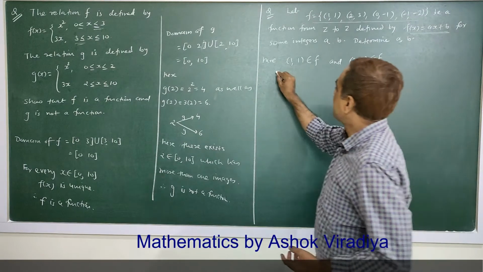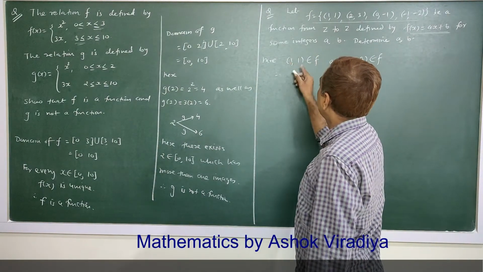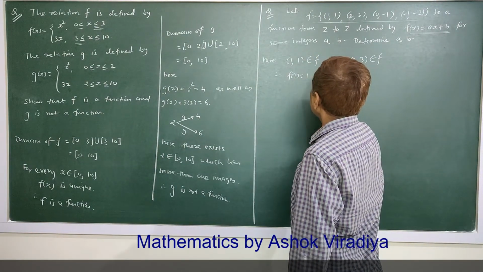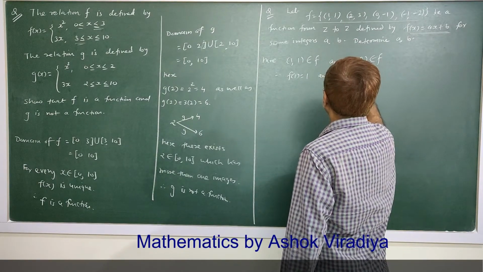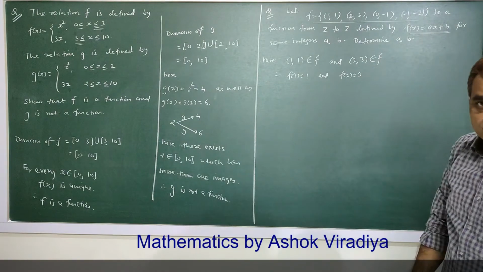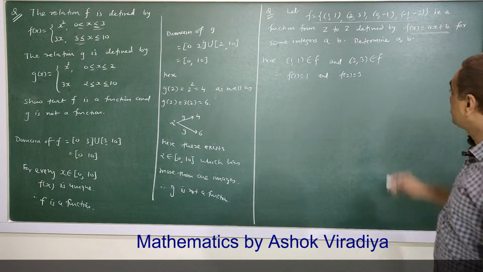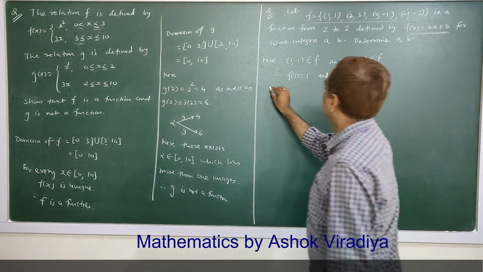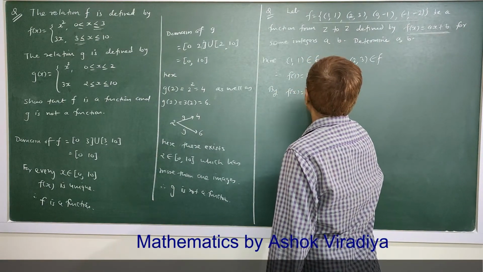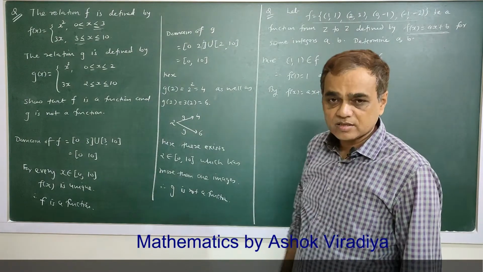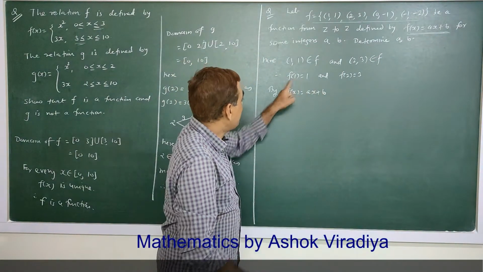(1, 1) belongs to F, that means F of 1 is 1 and F of 2 is 3. Now by this formula, f(x) equal to ax plus b, we calculate the image of 1.